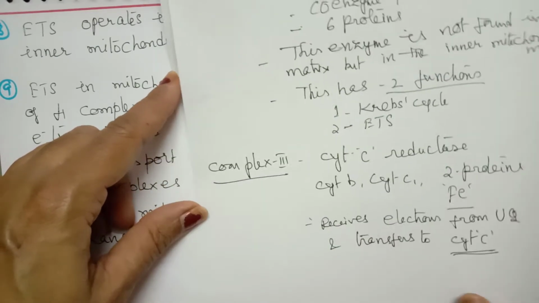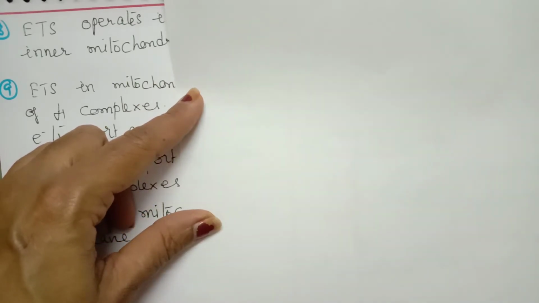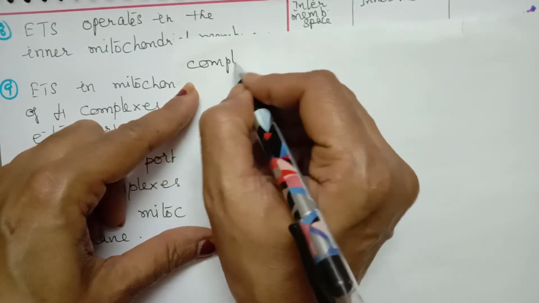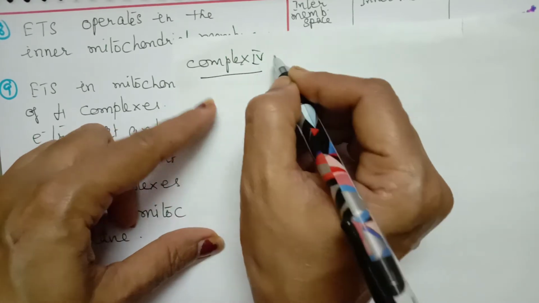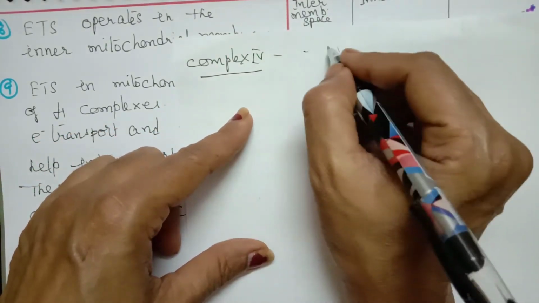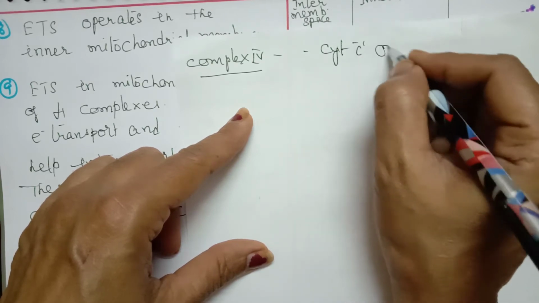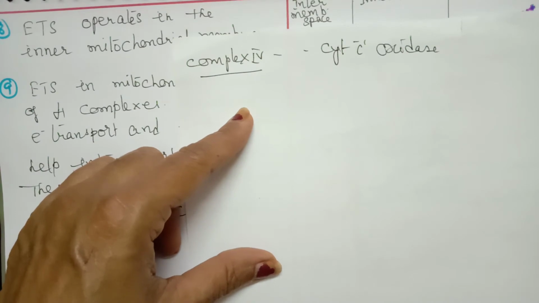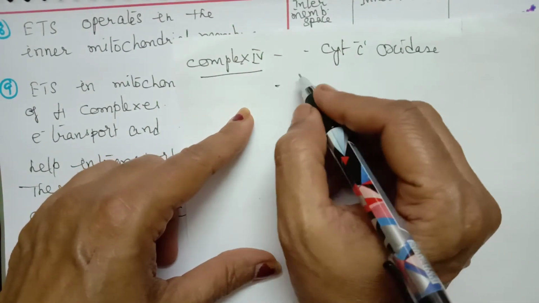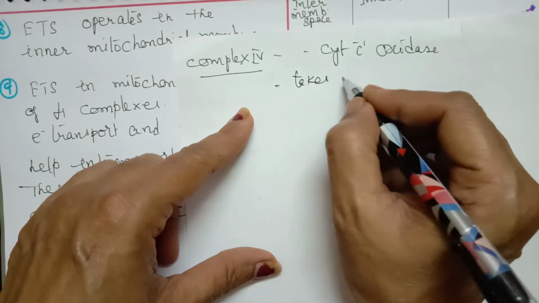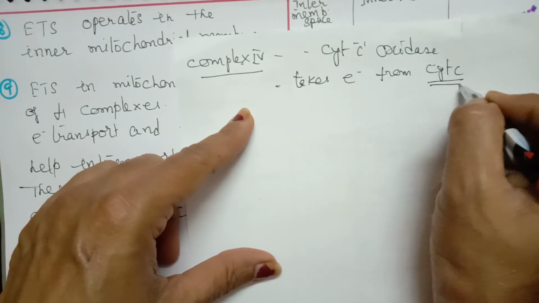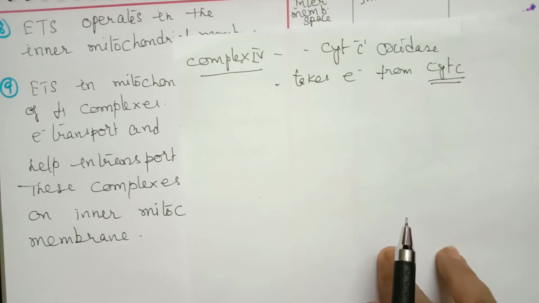Now let us understand what is complex 4. Complex 4 is called cytochrome C oxidase. It is called cytochrome C oxidase because it takes electrons from cytochrome C, which is a cytochrome involved in electron transport chain. This is what we are going to do in the diagram.